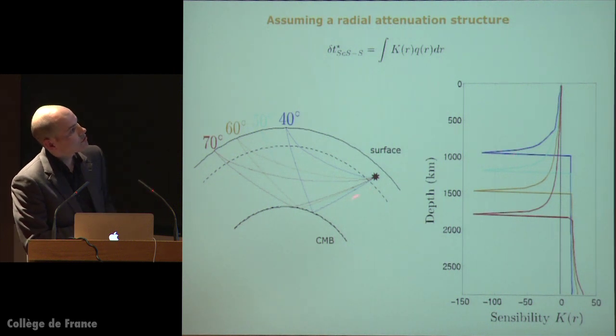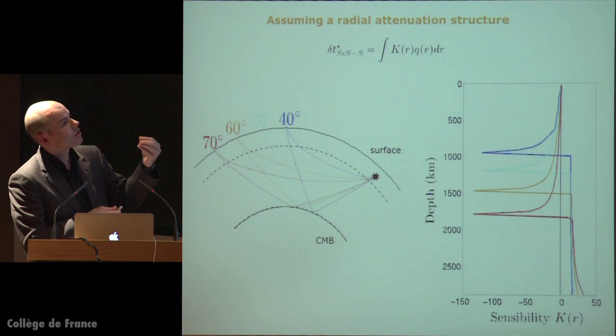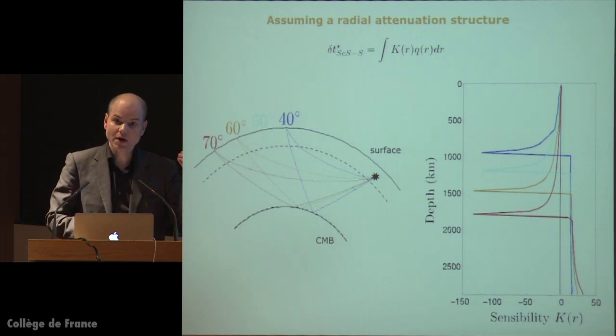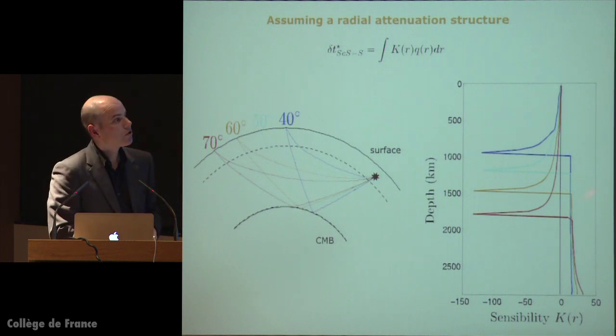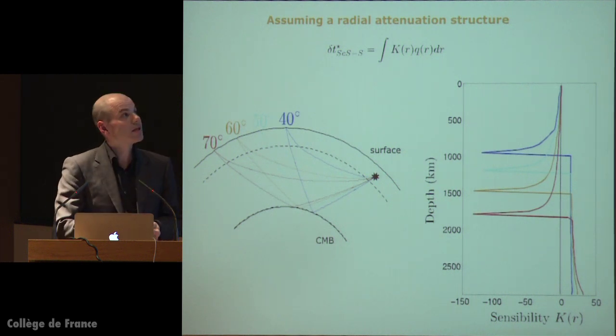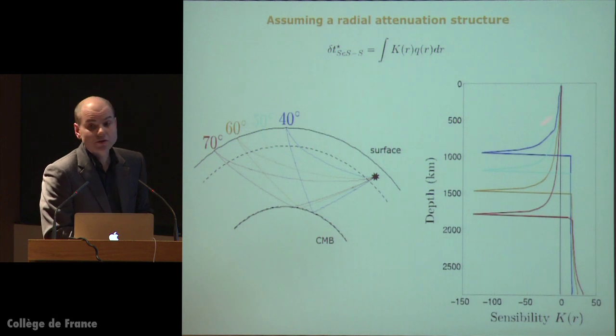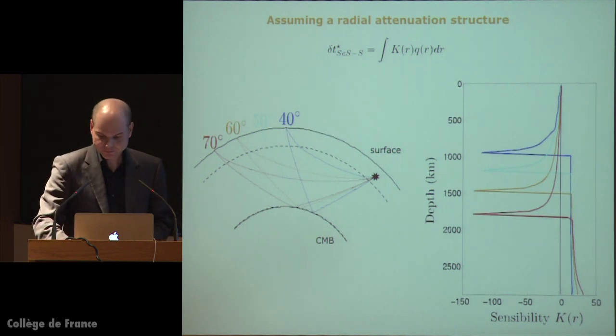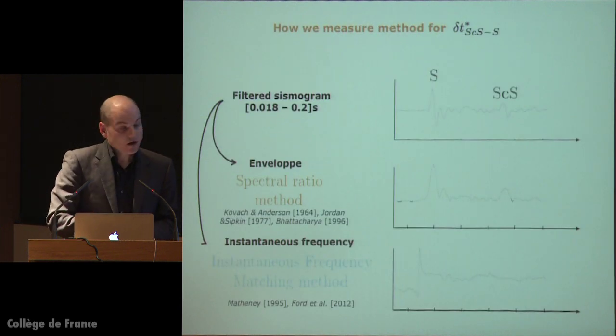As a function of the epicentral distance of your measurements, your delta T star measurement will be sensitive to different parts of the mantle. That's why I'm using this in order to scan the deep mantle. You can see that here there is no sensitivity to the Q in the upper part.